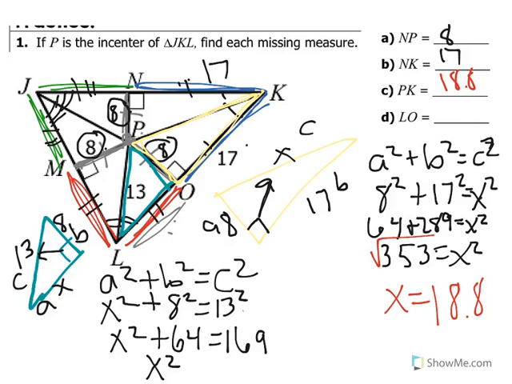Subtract 64 from both sides, and you get x squared to equal 105. And then we're going to take the square root of 105. It gives us about 10.2. So LO is 10.2.